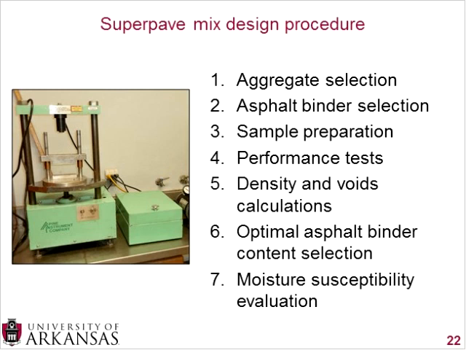And then we also have an extra step of your moisture susceptibility evaluation. And that's a picture on the left of AASHTO T283, which is the mechanism used to try and quantify your moisture susceptibility. But we'll go over that in more detail as we go through the mixed design procedure.